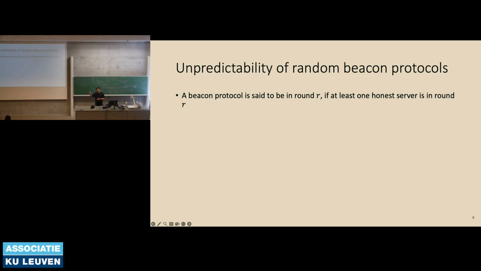Since we want to make weak timing assumptions, let all the servers in the system be at different rounds, say 1, 2, 3, 4, up to 10. Then we'll call the protocol to be in round 1 because the slowest honest node is in round 1. So then we'll say the system is in round 1.